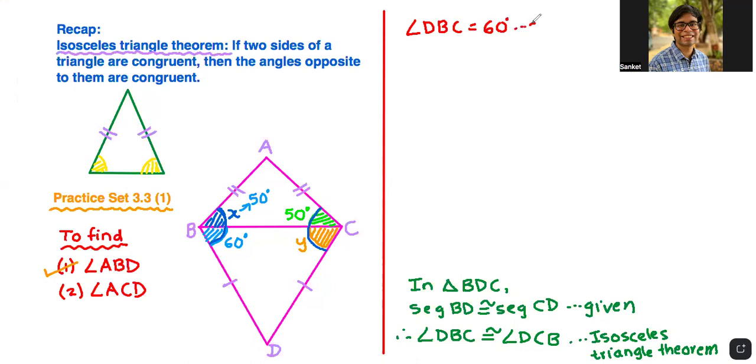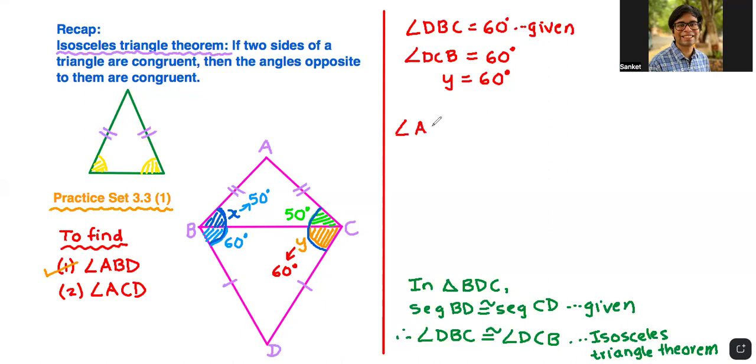So that is given to me. So the other angle, that angle DCB, will also be 60 degrees. So, but angle DCB is Y. So Y is 60 degrees. So I know Y here is 60 degrees. This one I already know as 50. So the whole angle ACD is going to be 50 plus 60, that is 110.